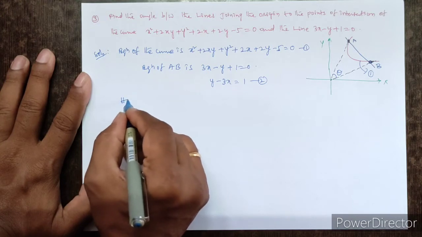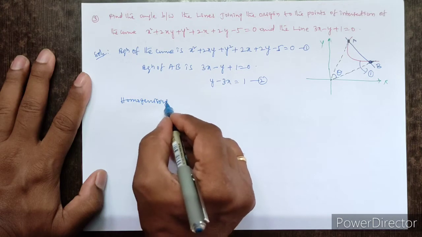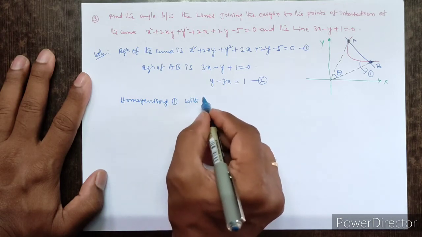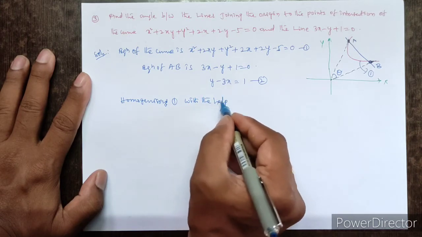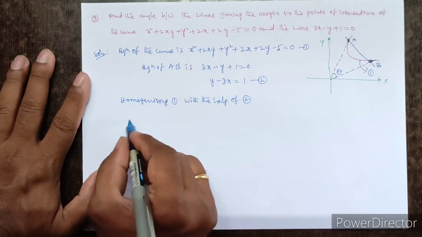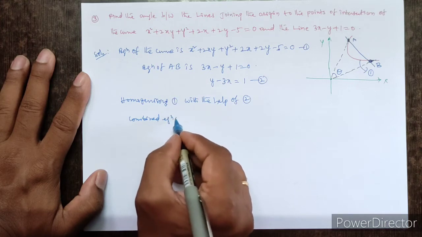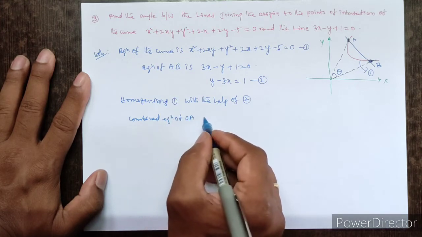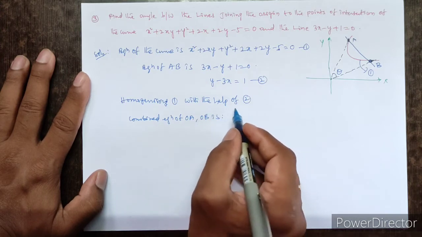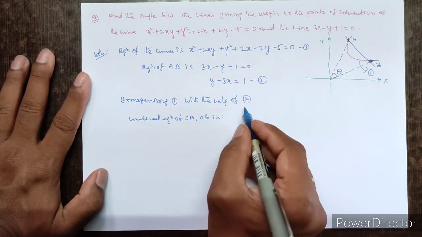Homogenizing equation 1 with the help of 2, then the combined equation of OA and OB can be written like this.